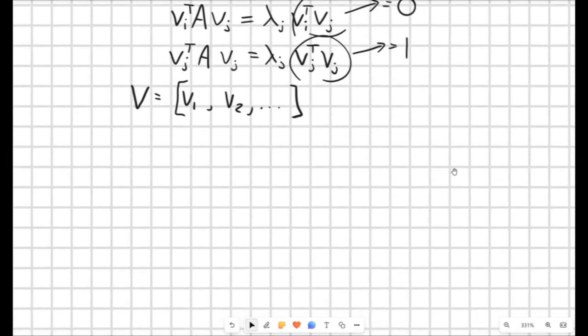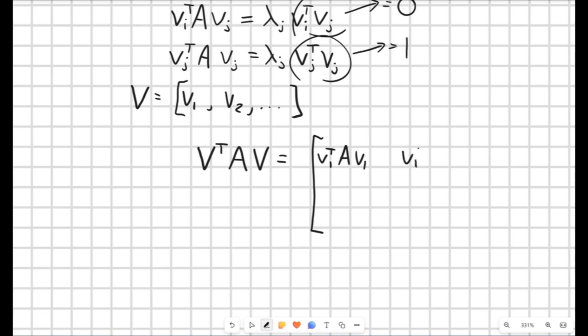Then after a bit of maths, you can show that that matrix transposed multiplied by A multiplied by that matrix gives something that looks like this, where you have your first eigenvector transposed times A times your first eigenvector.